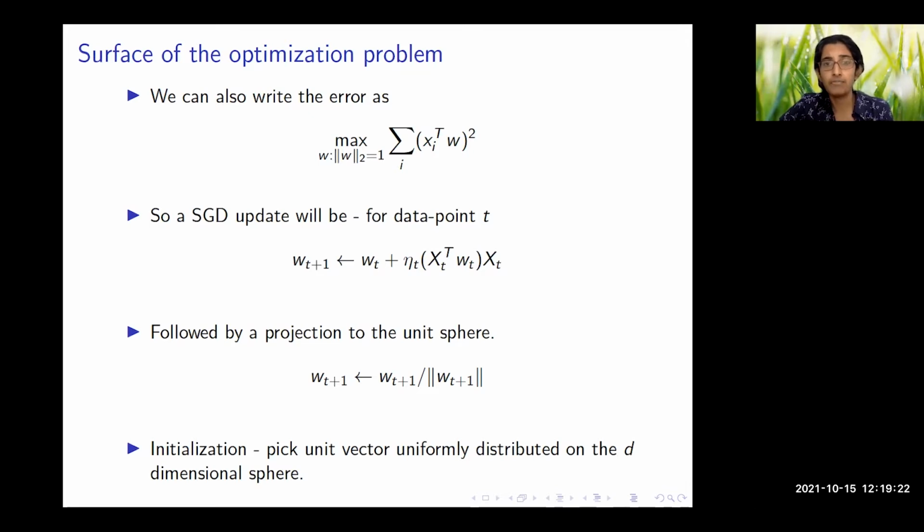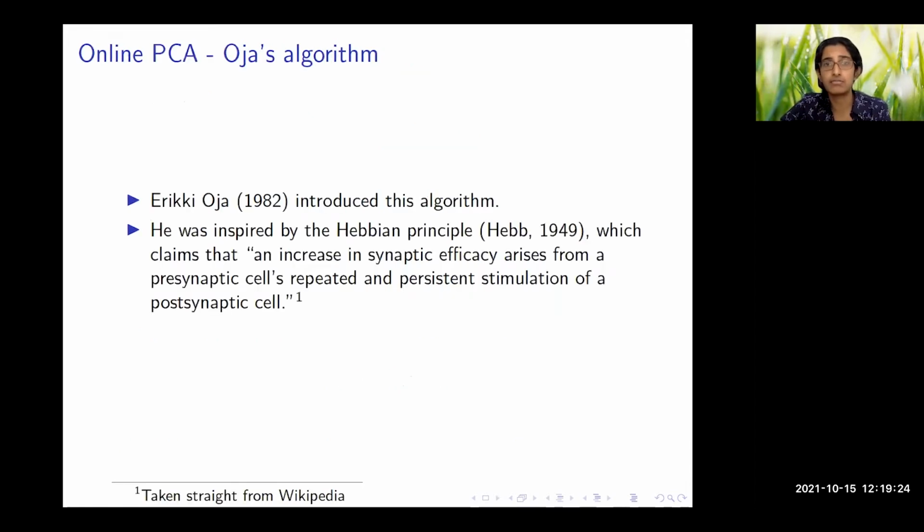Okay. And it turns out that this algorithm was actually introduced by Erkki Oja in 1982. I didn't know the history; Rachel told me about this very nice history about Oja's algorithm. Apparently he was inspired by the Hebbian principle, which was proposed by Donald Hebb, a Canadian psychologist.